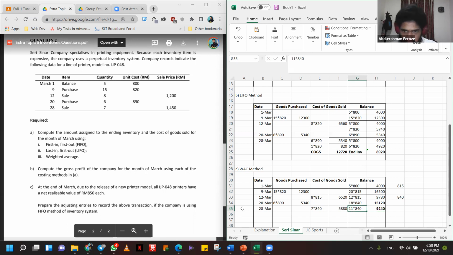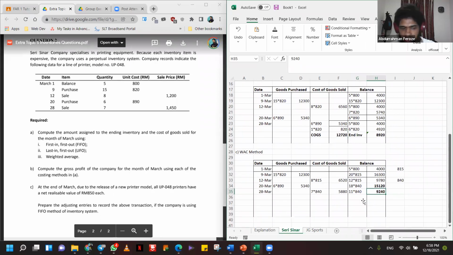So this is the ending inventory. Ending inventory is 9,240. The cost of goods sold is this value.